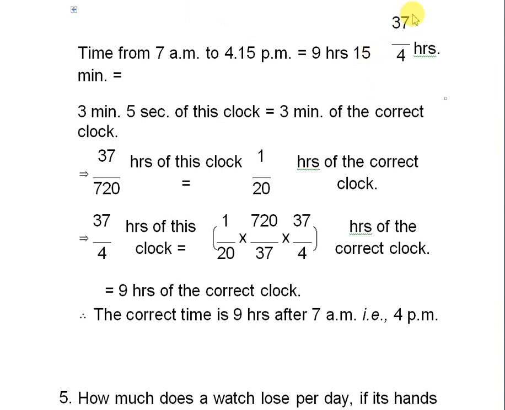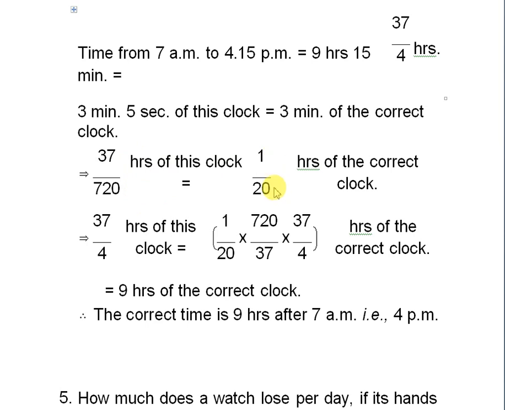How to write 9 hours 15 minutes as a fraction, I have already explained in the last question. So 3 minutes 5 seconds of this clock is 3 minutes of the correct clock, so that will be 37 by 720 hours of this clock equal to 121 divided by 20 hours of the correct clock.